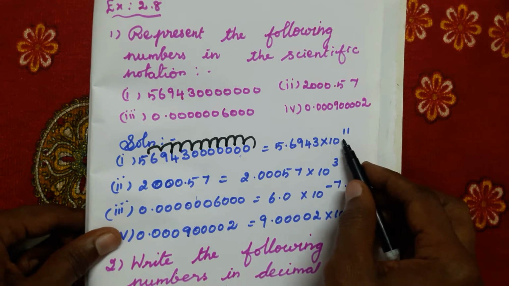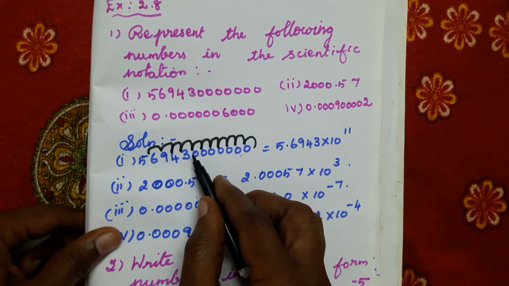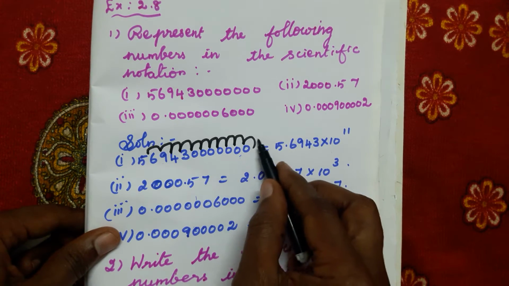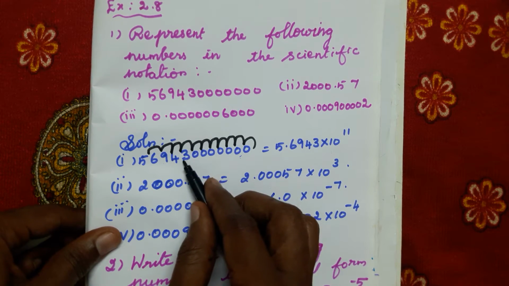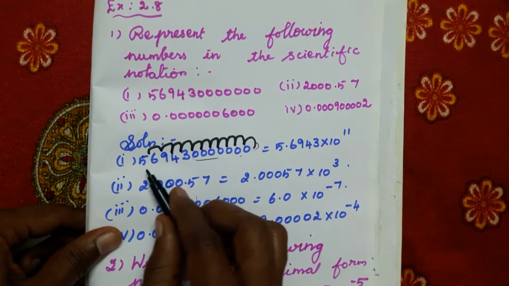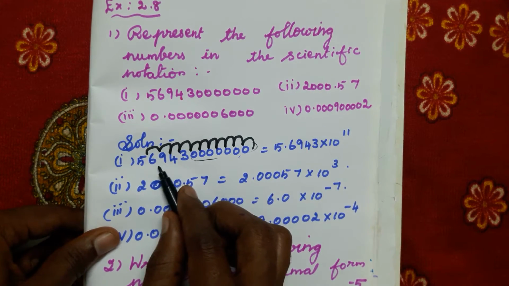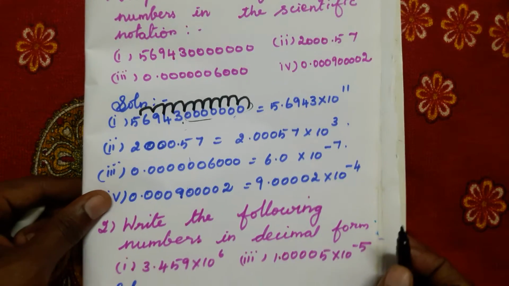So we can write 10 power 11. But when we are writing the answer, after the decimal point, the trailing zeros we can neglect. No need to write. So I have neglected the zeros and written 5.6943 into 10 power 11.